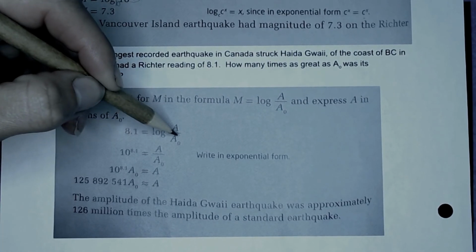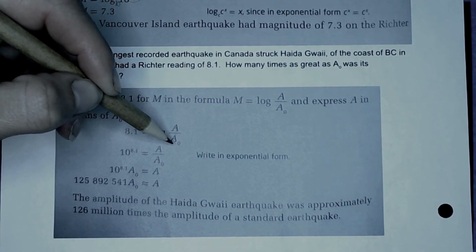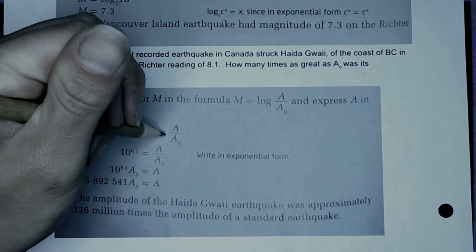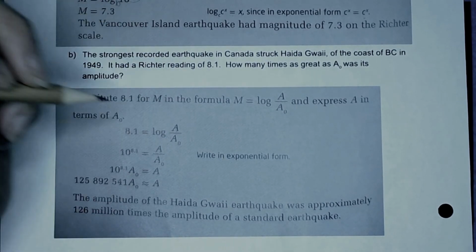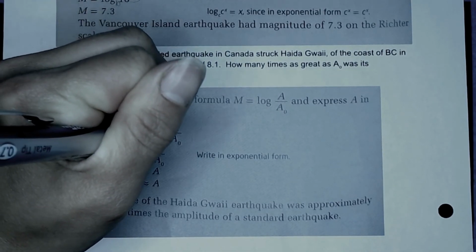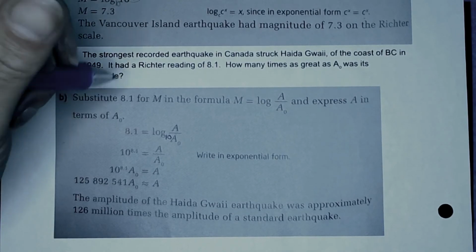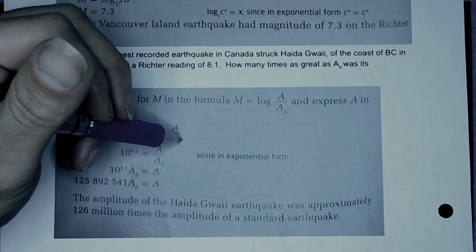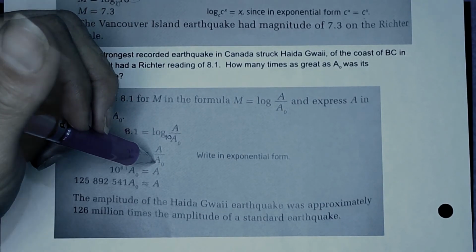So we have log A over AO. And basically all we're doing is rewriting it in exponential form. So don't forget there's nothing written here. It's a base 10 log. So we get 10 to the power of 8.1 is equal to, and this is our answer, A over AO.